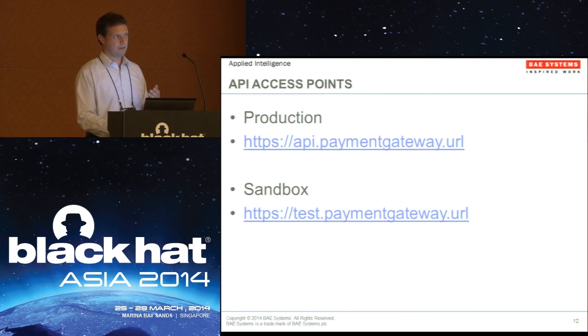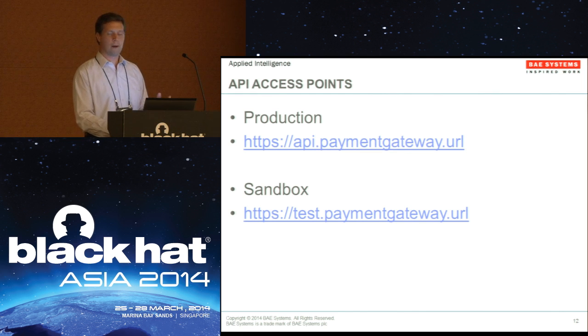Now the details, the merchant account configuration is typically shared between these two environments. So if you are an attacker, it's better to test your exploit against the sandbox, because if there's something wrong with it, like you have a typo or something, the sandbox will basically give you a nice error message saying that you made a mistake.